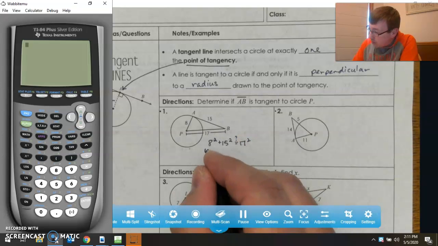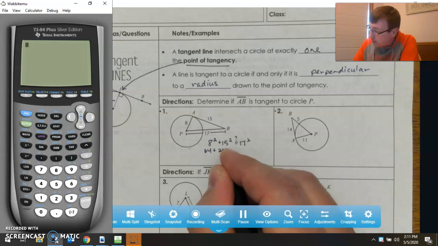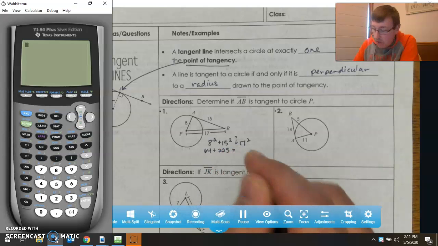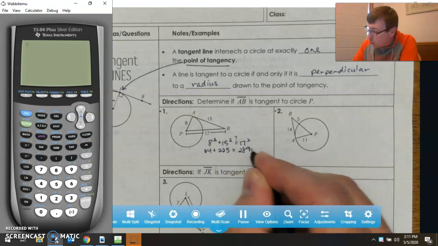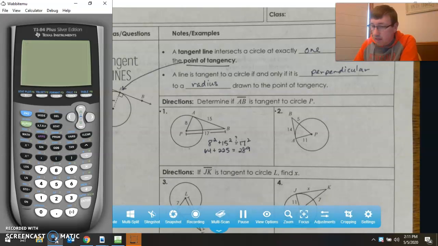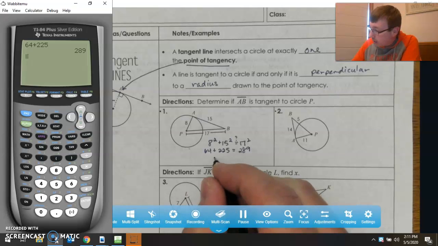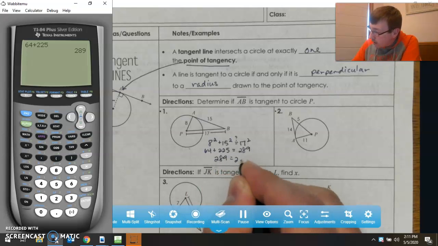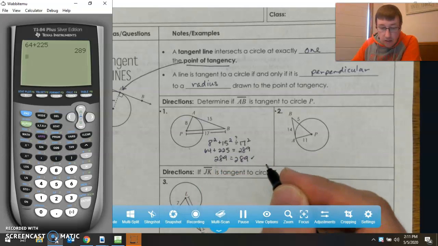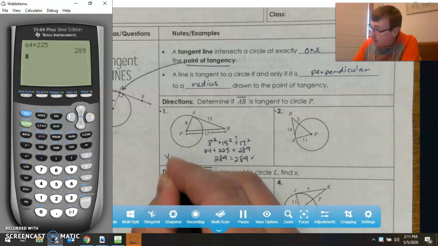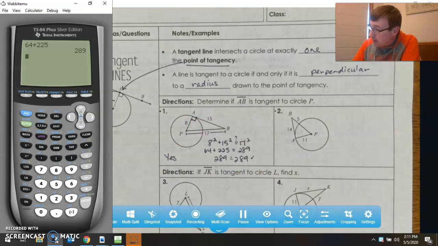Well, 8 squared is 64, 15 squared is 225, 17 squared is 289, 64 plus 225 is 289. 289 does equal 289, so yes, AB will be perpendicular to circle P, or sorry, tangent to circle P, because it is perpendicular. It fits the Pythagorean theorem.